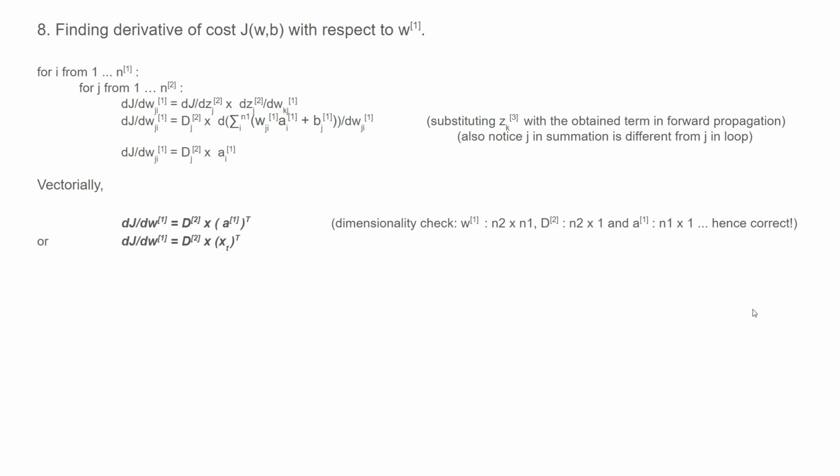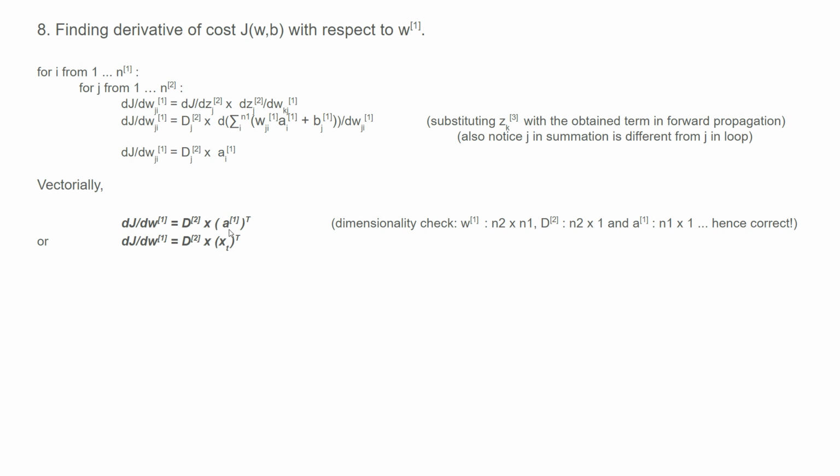You can see by yourself that the dimensions are correct. W1 is n2 cross n1, therefore the derivative dj by dW1 should also be n2 cross n1. D2 is n2 cross 1, and a1 is n1 cross 1.